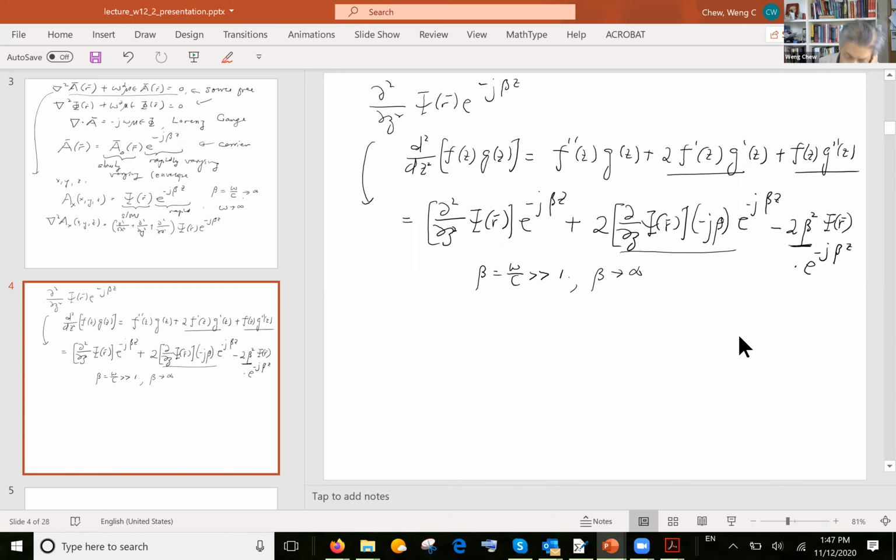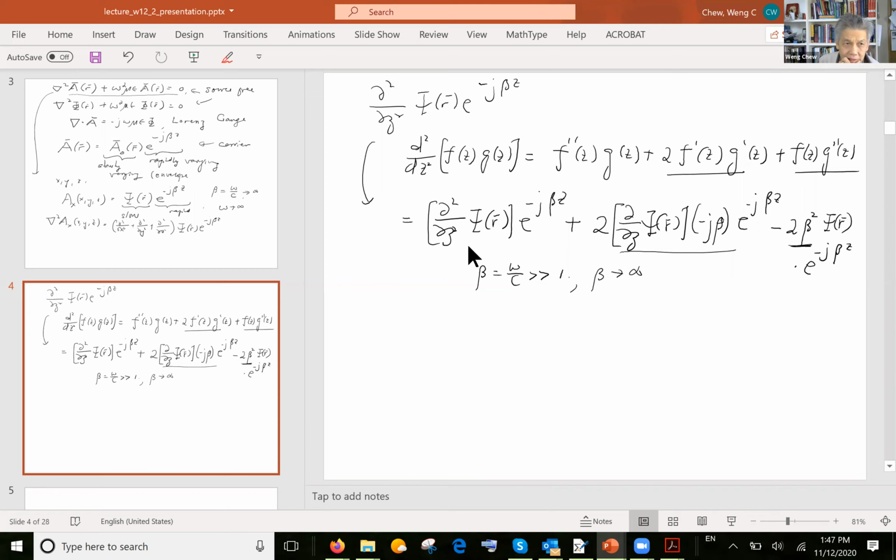Since I'm assuming that partial squared, partial z squared of psi is small, because this part is slowly varying with respect to x, y, and z, this part is going to be small. In other words, comparing all three terms, this is largest, the second largest, and this is the smallest. So I can actually just throw this term out if I wish to, but at this point I don't have to.